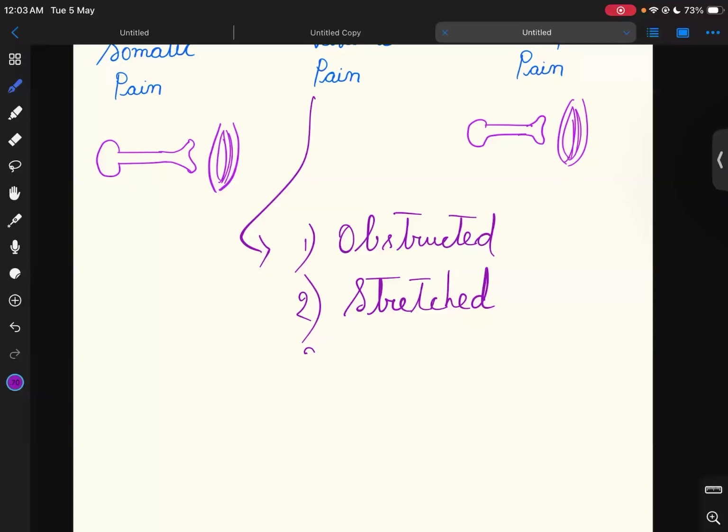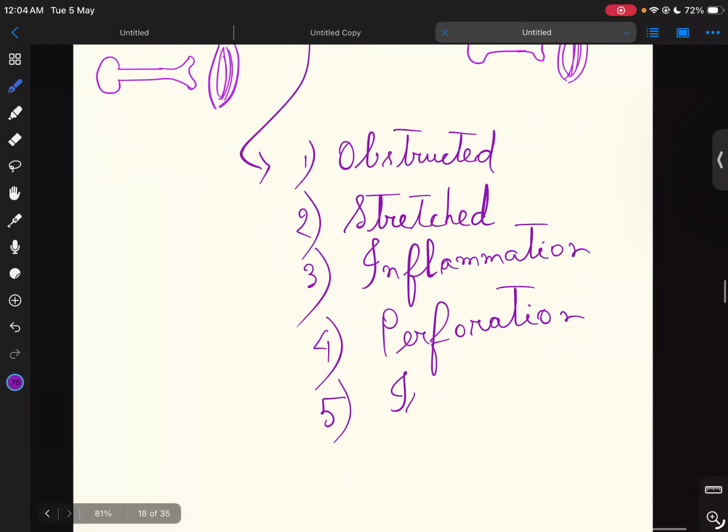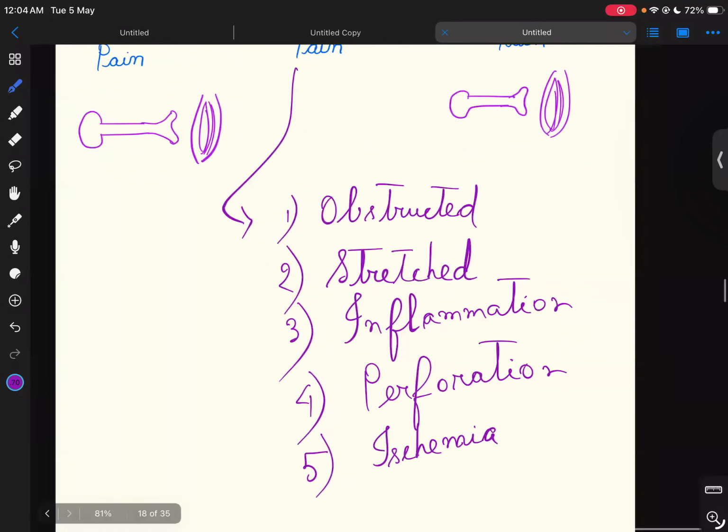It can cause pain whenever there is inflammation. I'm going to give you an example of each one, and this is necessary to make it understood. It can cause pain whenever there is perforation. It can cause pain whenever there is ischemia. So let me discuss one by one.